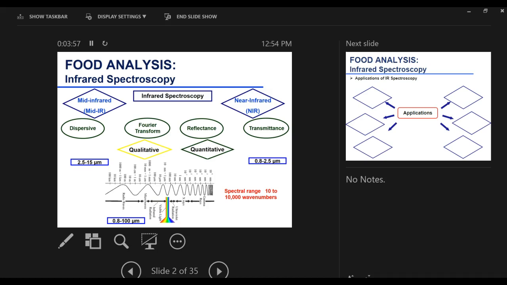And remember, whenever we say quantitative, it has to follow Beer's law. So you have to have a singular frequency or singular wavelength to do the measurements. So we'll be focusing, as I said, on mid-IR and near-IR. The far IR won't be of relevance to us in food analysis.